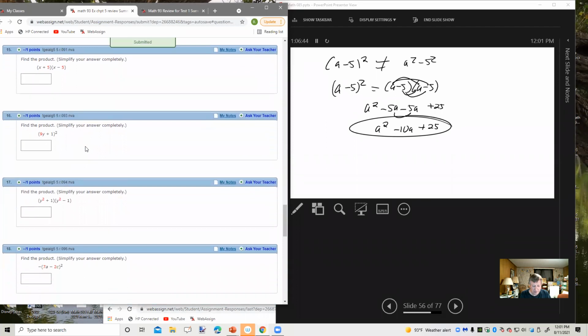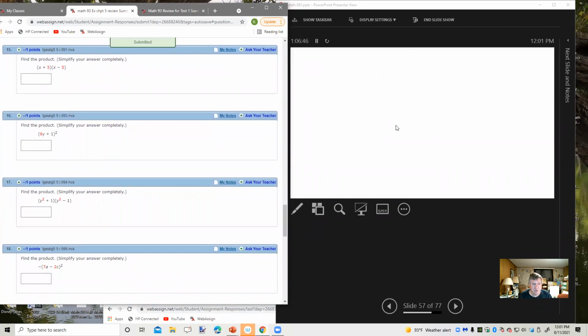All right. Here we have a product that is the difference of two squares. x plus 5 times x minus 5. x times x is x squared. x times minus 5 is minus 5x. 5 times x is 5x, and 5 times minus 5 is minus 25.